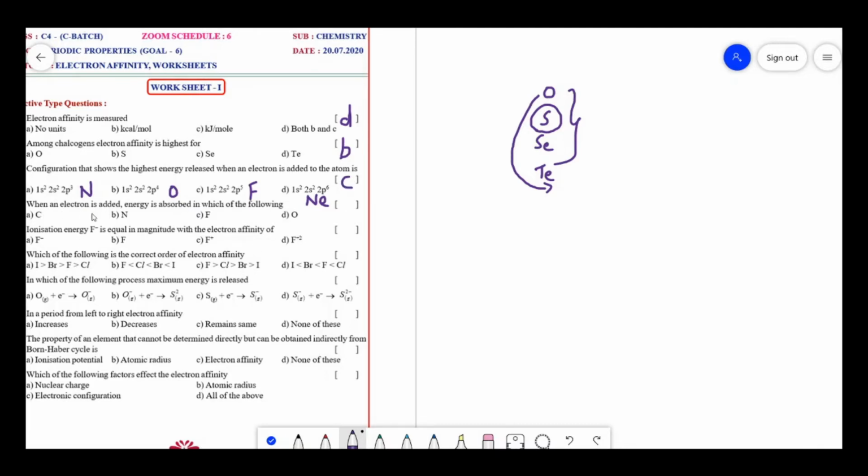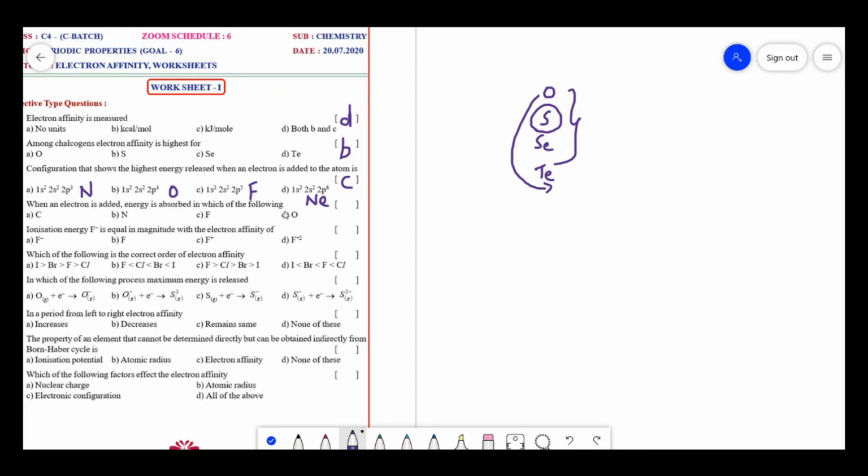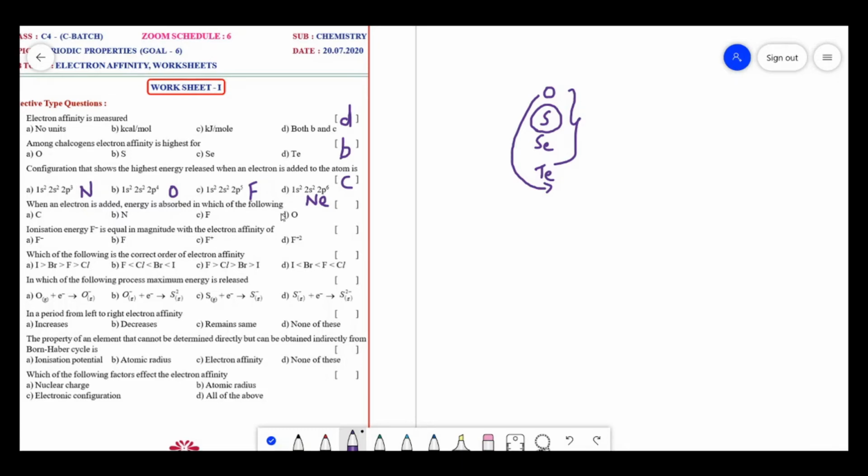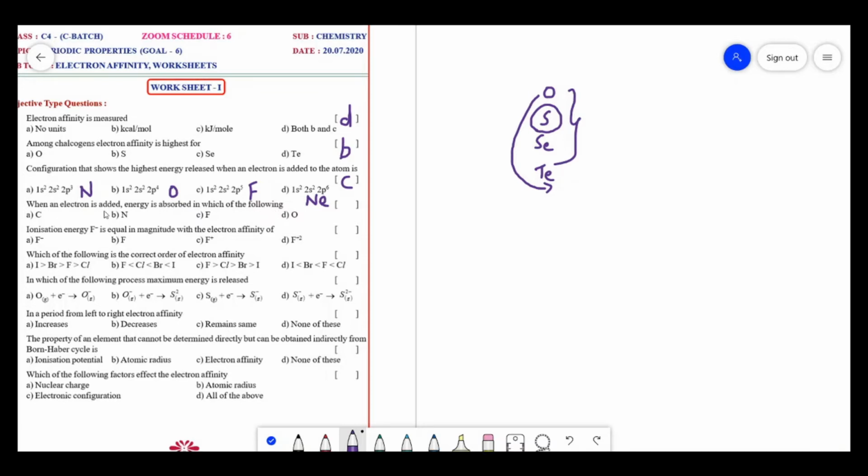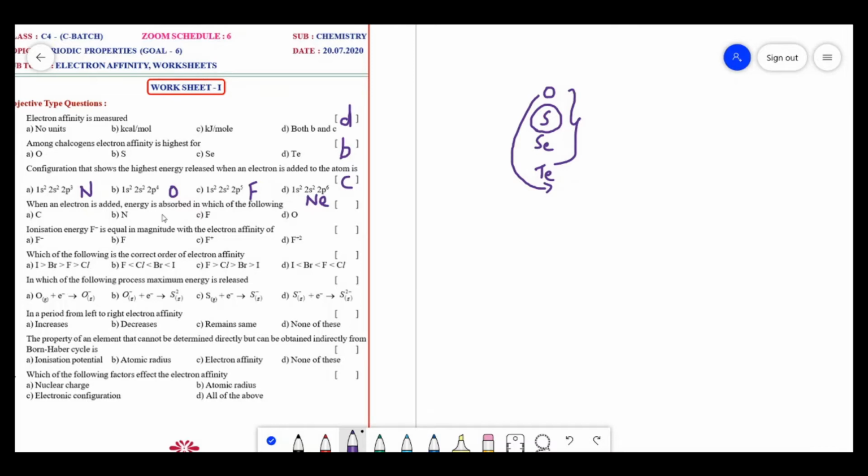Next, when an electron is added, energy is absorbed in which of the following? Generally, when an electron is added, energy is released. So here, energy is absorbed when an electron is added, which means it is not ready to take the electron.